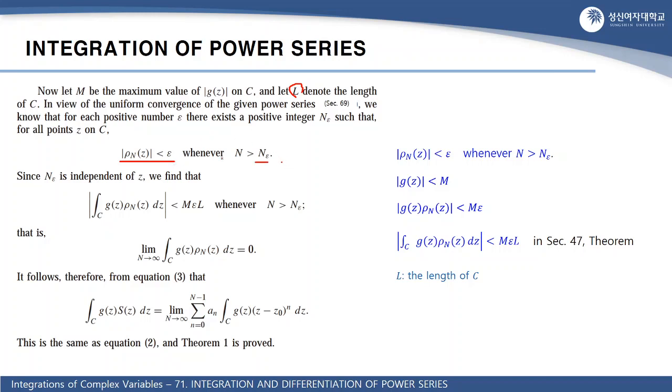Okay, this definition is applied to the remainder rho sub N of z. Since N sub epsilon is independent of z, this is the definition of uniform convergence. We find this inequality whenever large N is greater than N sub epsilon, because the absolute value of rho sub N of z is less than epsilon.